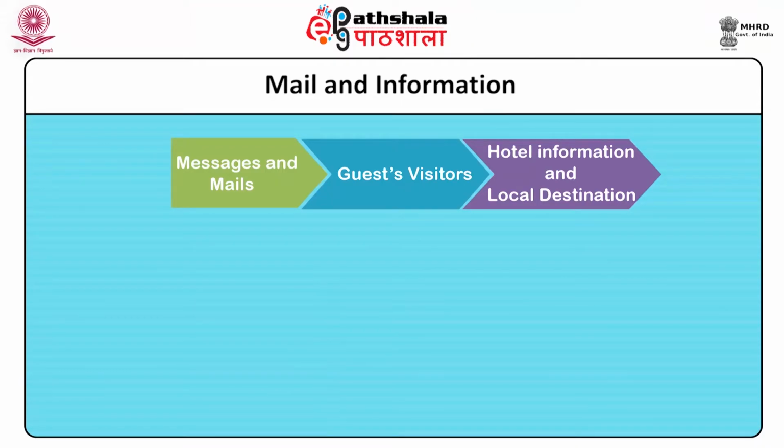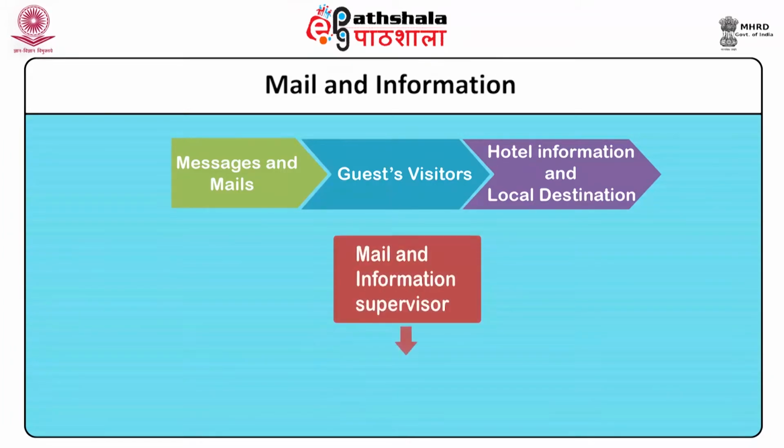The mail and information section comprises the mail and information supervisor and the mail and information clerk. The supervisor is responsible for the team of mail clerks, and the information clerk gives out guest keys and delivers guest mail and also messages.